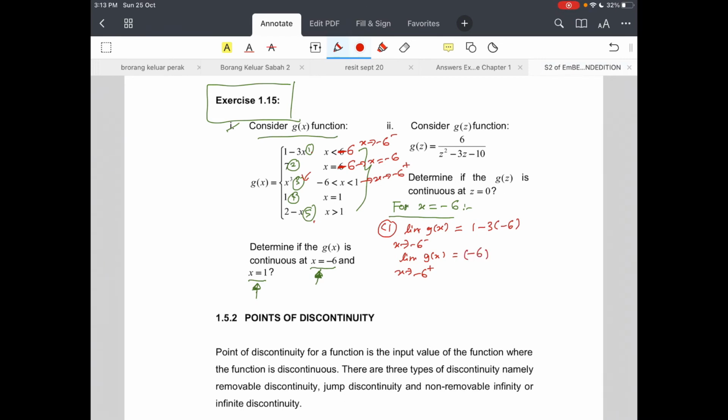So it will become -6 to the power of 3, cubed. And this one should be negative 216. Right.